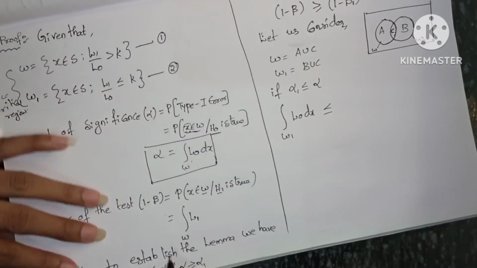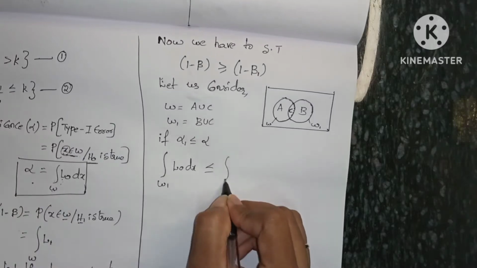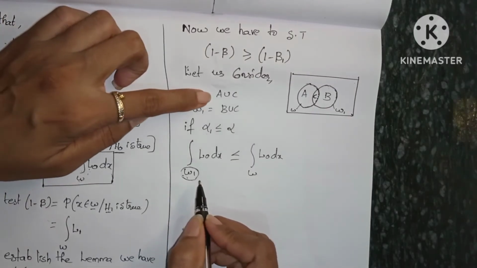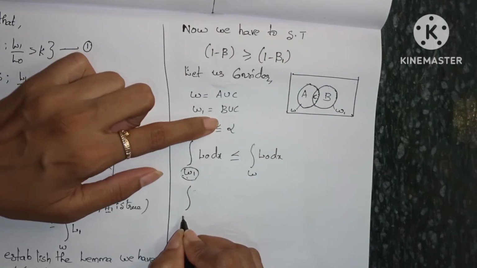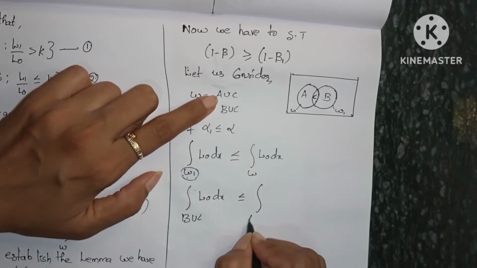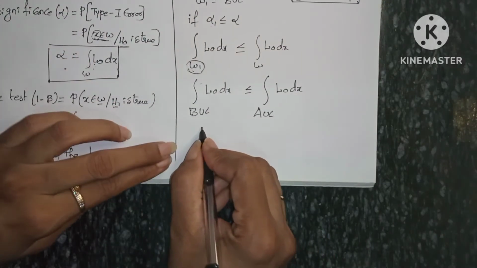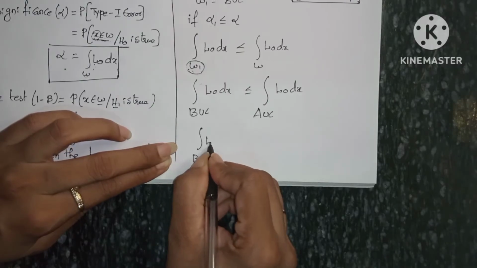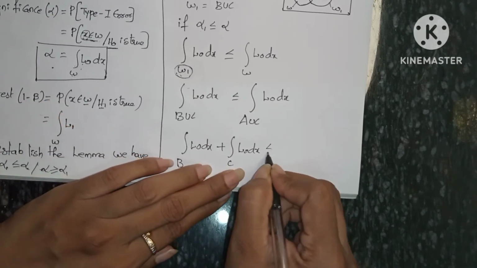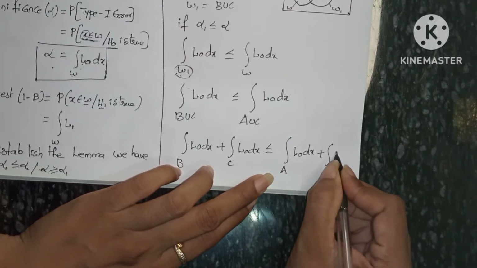From the Venn diagram, omega 1 is B union C, and omega is A union C. Now I am going to split this: the integral over B of L naught dx plus the integral over C of L naught dx is less than or equal to the integral over A of L naught dx plus the integral over C of L naught dx.